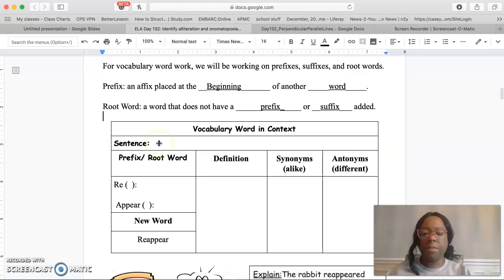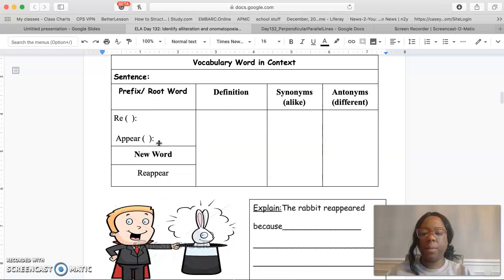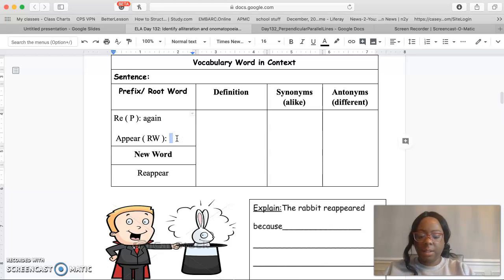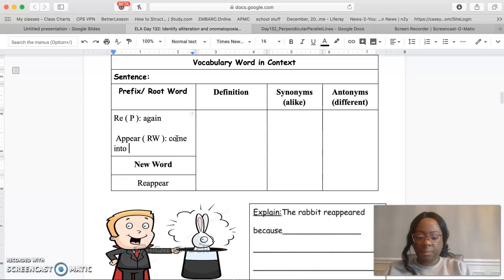Okay, so today for vocabulary, we are working with re, which is the prefix, and appear, and that is the root word. Now, re means again, and appear means to come into sight. Now, when we mash those two words together, reappear becomes a new word, and it is defined as to come into sight again.